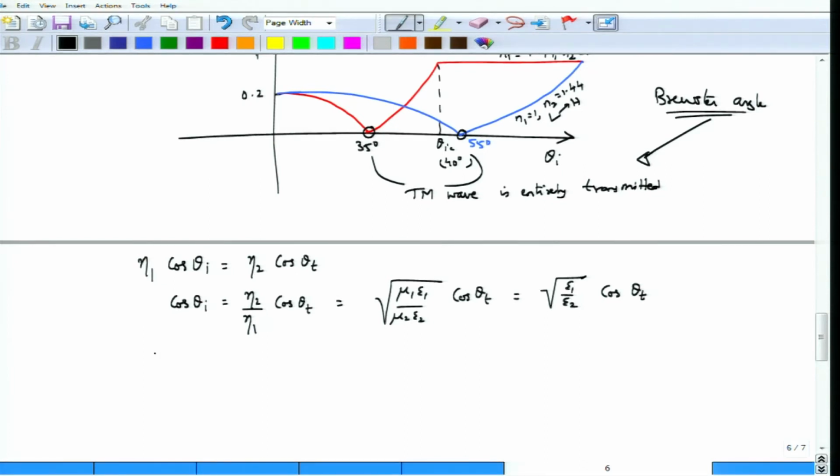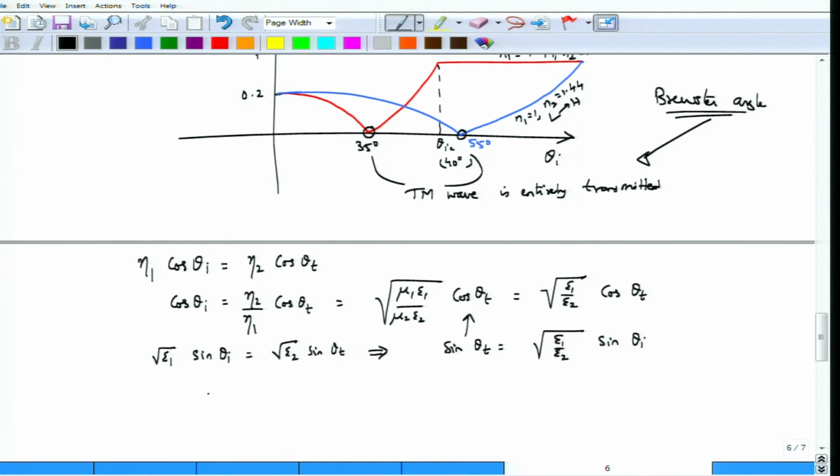But I also know from Snell's law that square root of epsilon 1 sin theta I must be equal to square root of epsilon 2 sin theta t. This implies that sine of the transmitted angle theta t is equal to square root of epsilon 1 by epsilon 2 sin theta I, but what you want is cos theta t, and I already know the relationship between cos and sine.